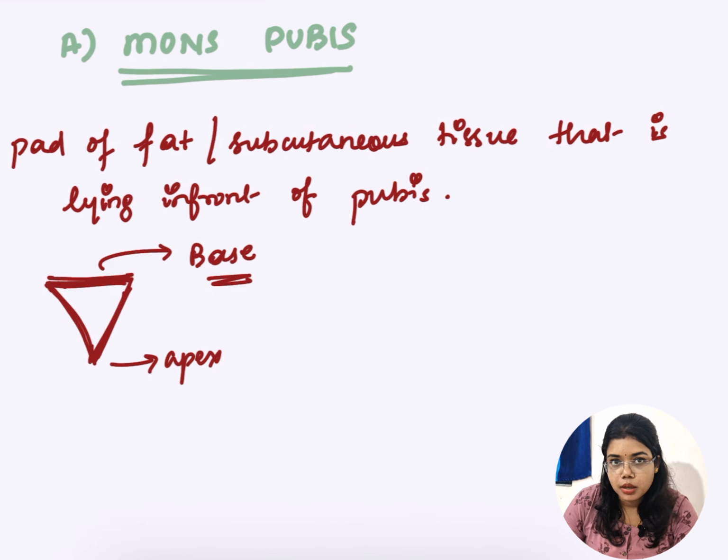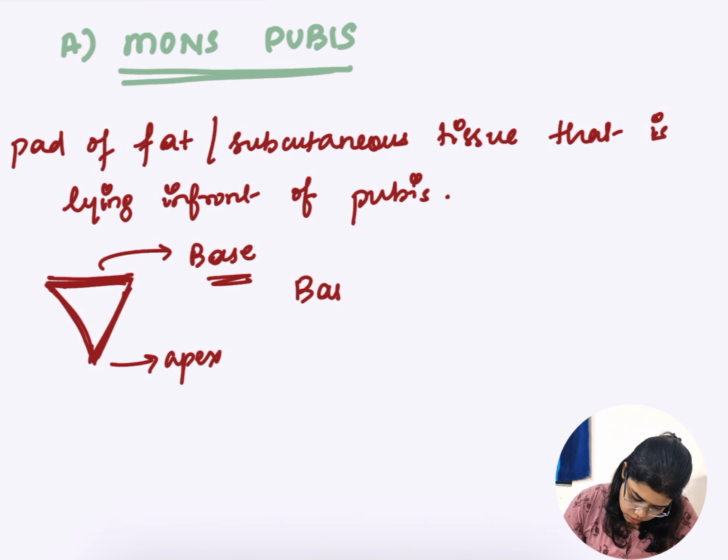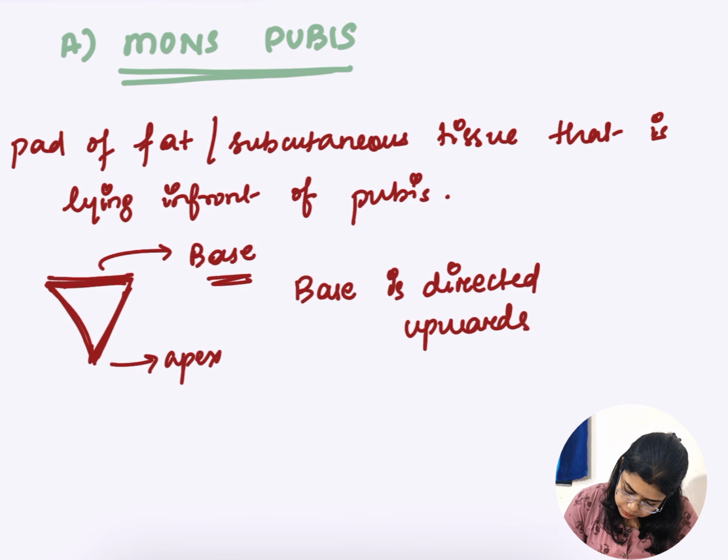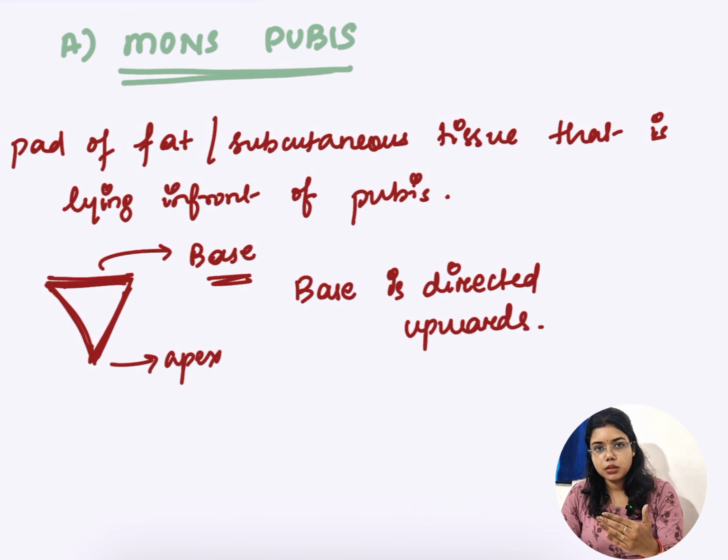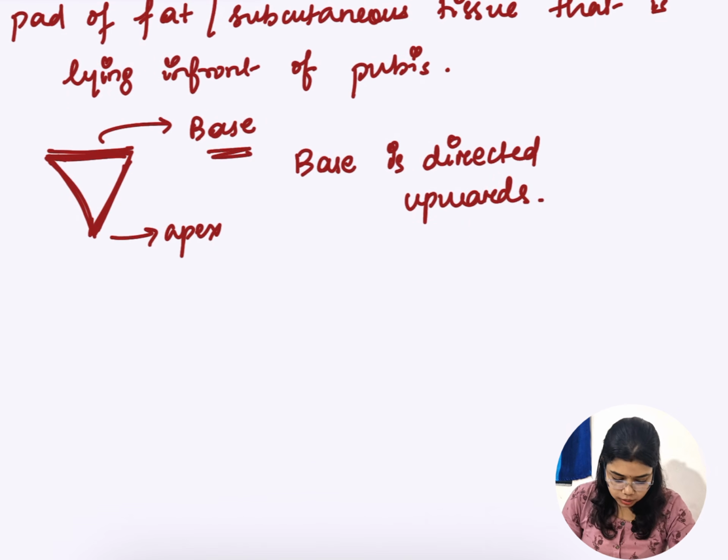Base is pointing upwards. So it is a subcutaneous tissue or fat which is lying in front of the pubis. Okay, and the shape is inverted triangle, meaning the hair follicles that are growing are in the shape of an inverted triangle. Right?